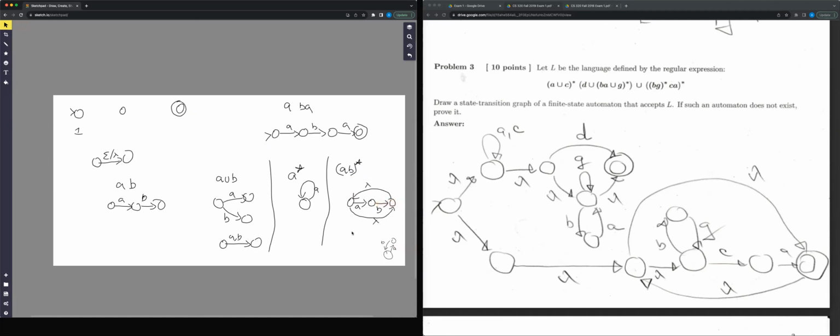Is there anything else you need to know? No, it's everything. It's a star, it's a union, that's concatenation. That's everything you need.